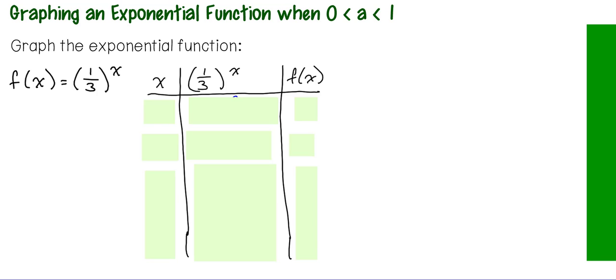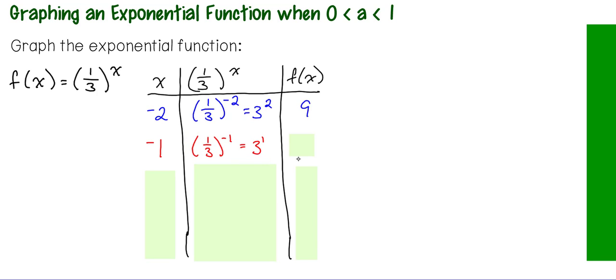So that means it's a fraction. So if we look at this example, f of x equals 1/3 to the x power, we'll use our same values. We'll put in -2. So the -2, what that tells us is to flip our fraction, okay? Because that -2 makes us 3 squared, which is 9. -1, flip our fraction, 3 to the first power, which is 3.